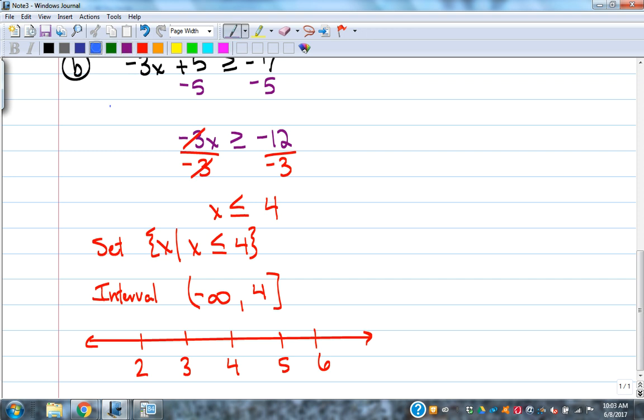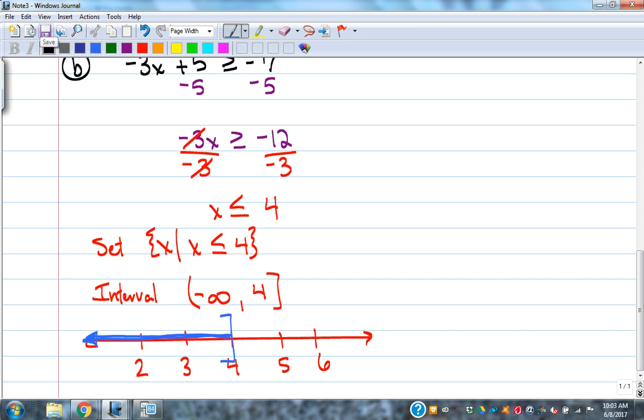So when we draw that on the number line, we would put a bracket and then go to the left. Like that. The bracket means it's included and it goes that direction. Parenthesis would be not included. So if you see an equal to mark on your inequalities, you've got to know, oh, I'm using a bracket somewhere in my interval notation here. And you want to remember your interval notation is based off of reading the number line left to right.